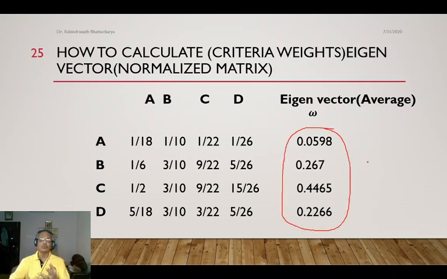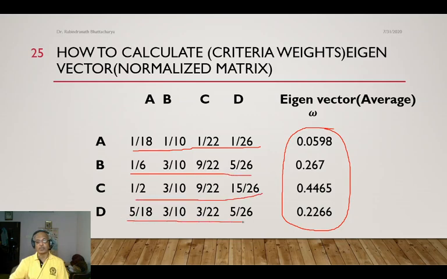Now, these values are used to get the eigenvector, which is nothing but the average of all these numbers. So if you take the average of these numbers, then these numbers, then these numbers, you will get this eigenvector, which is called omega.